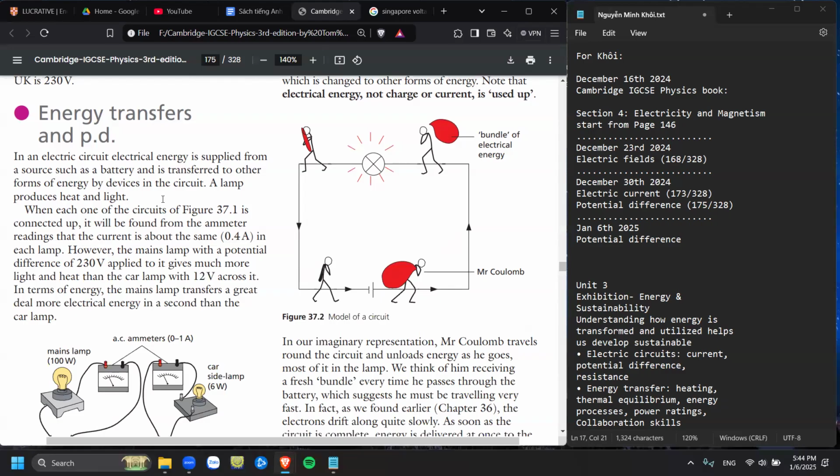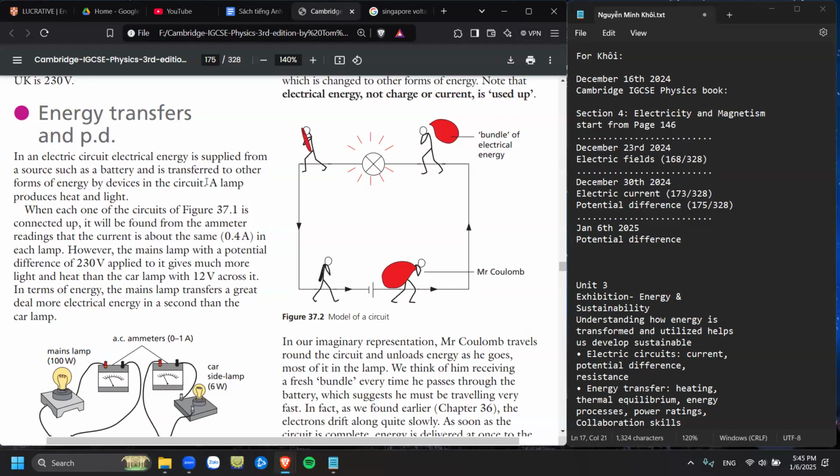And depending on what you plug it into, it will transform. If you plug it into a light bulb, it will transfer into light energy. If you plug it into a water kettle, then it transfers into heat.